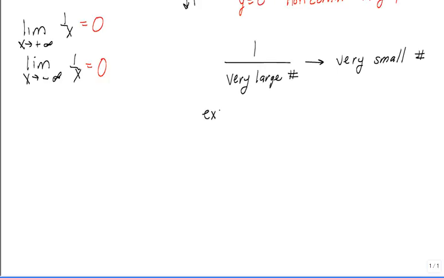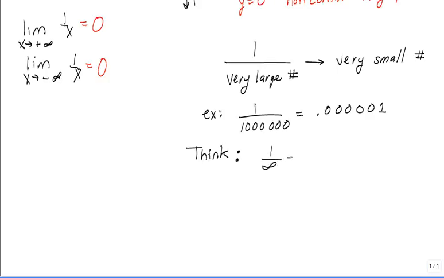So, for example, 1 over a million is very small. You don't write 1 over infinity equals 0, because it doesn't make any sense. Infinity is not a number. What you do is think 1 over infinity goes to 0. That's what should go through your mind. 1 over infinity goes to 0.